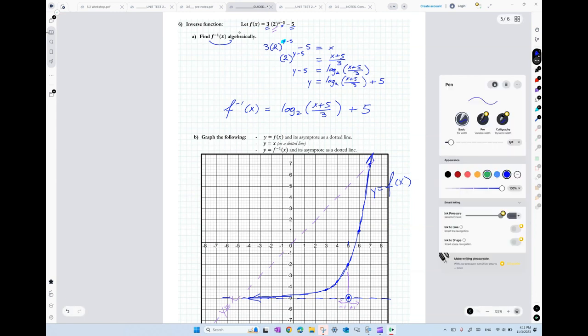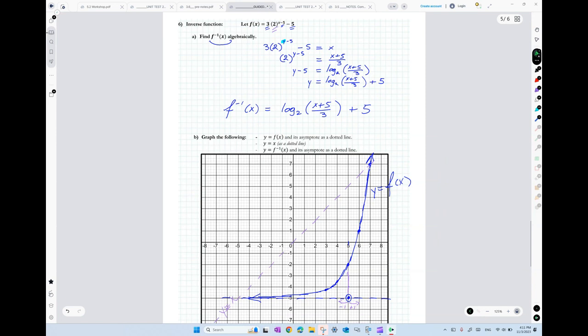All right. Now, the easiest way to graph this is to swap the x and y coordinates of the function. And the point of reference, which is 5, -5, is going to become -5, 5. I just switch them.